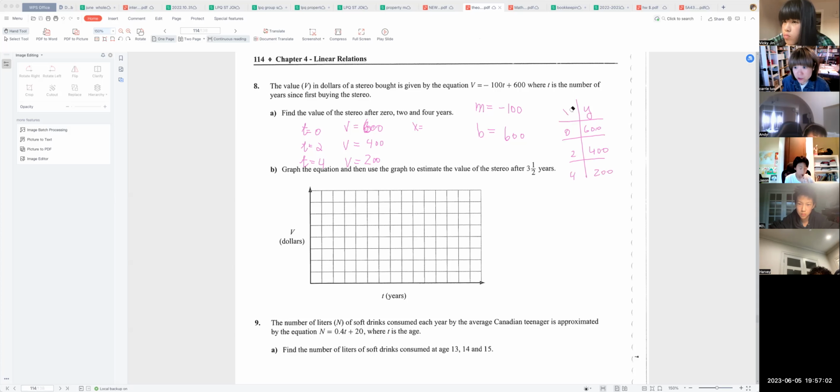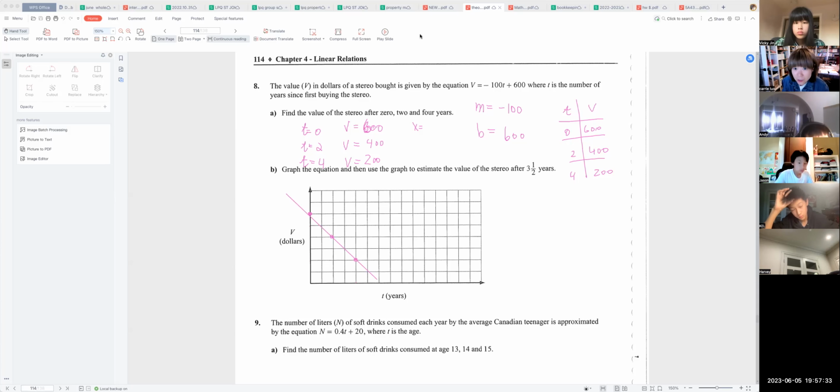You just change the X, Y to T and V. So we can actually create, we can find what? 100, 200, 300, 400, 500, 600. When t equals 0, v is 600, t equals 2 is 400, and t equals 4 is 200. Everybody, did you realize it's a linear relation?